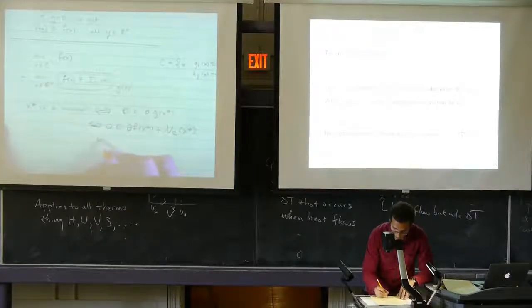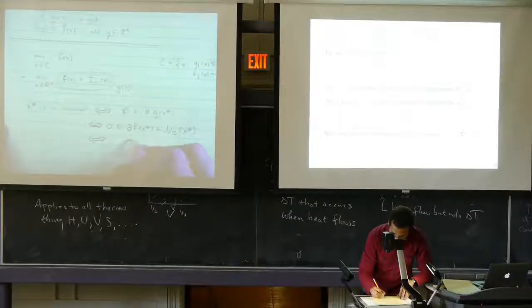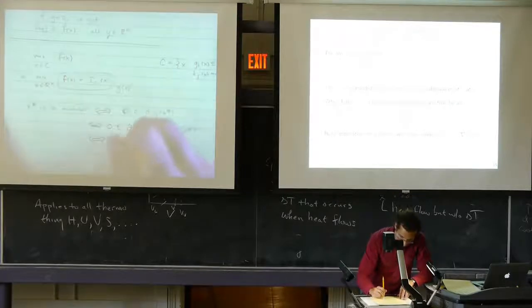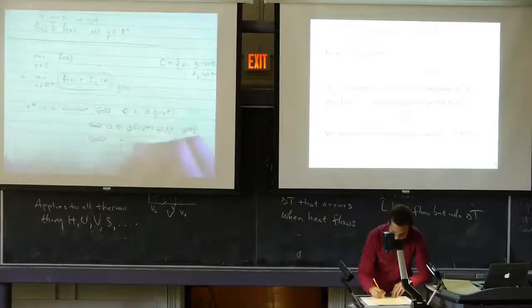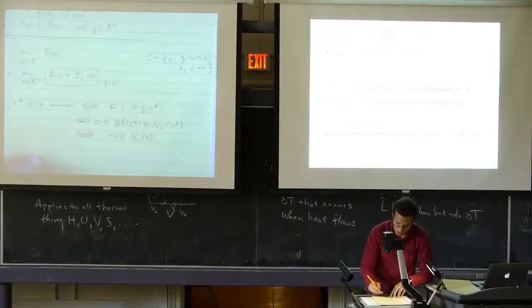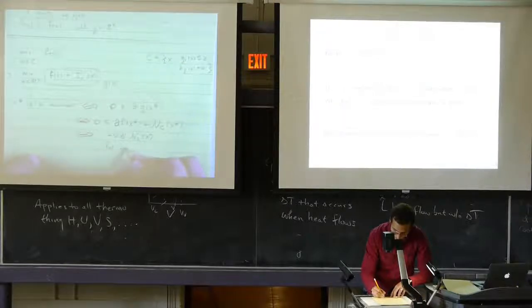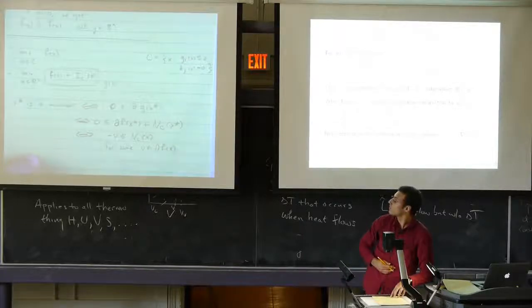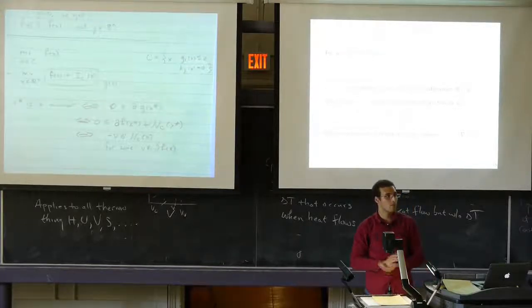So finally, if minus v is in the normal cone of C at x star for some subgradient v of f, then we know we've minimized the problem.